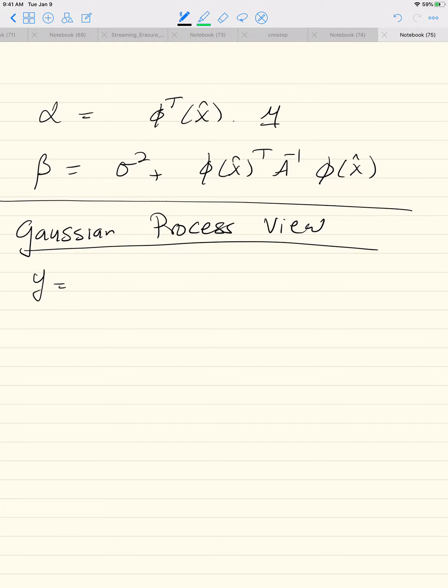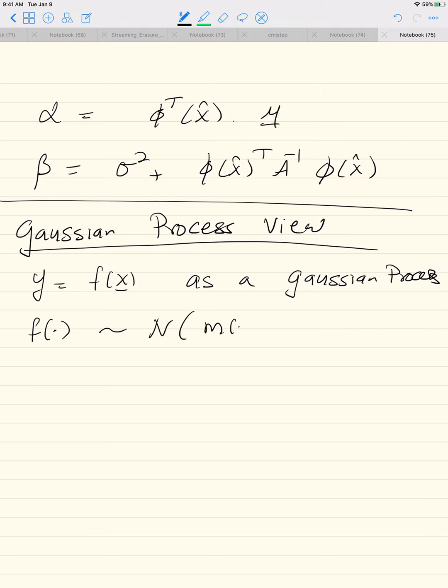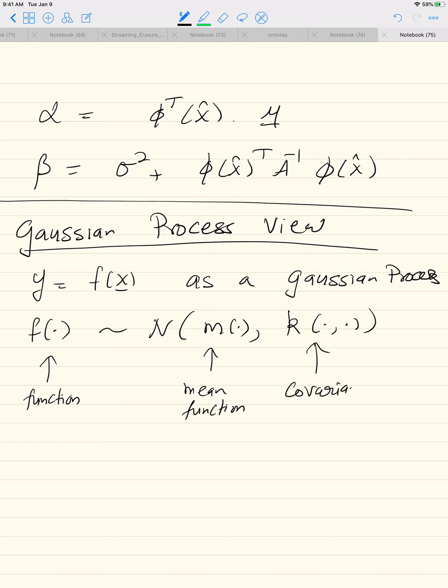So we can think of this function as a Gaussian process. What that means is that the function f is Gaussian, there is some mean and there is some covariance function. So this is the function of interest. This is the mean function and this is the covariance function.